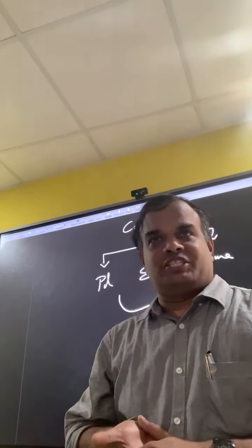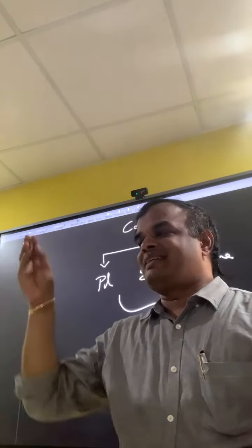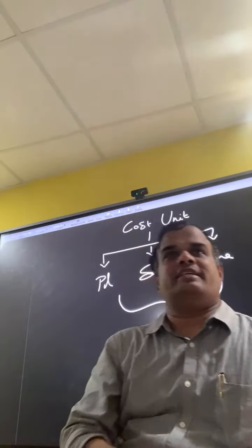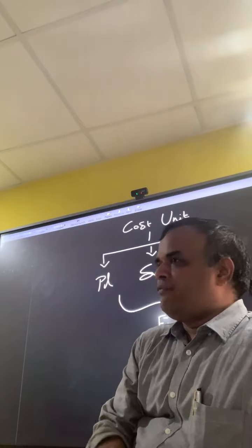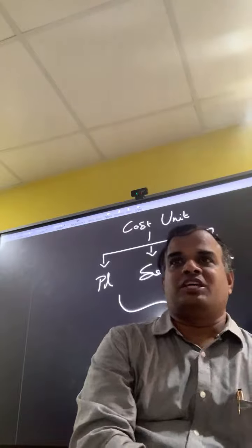To run the industry, I need a factory. Factory is the cost center, because I have to incur some expenses. In the factory, somebody should be in charge, a manager, to control it.